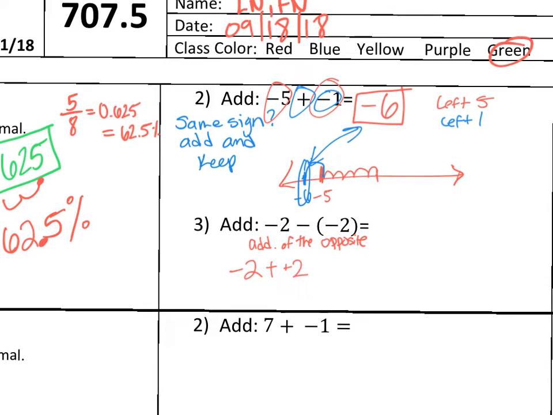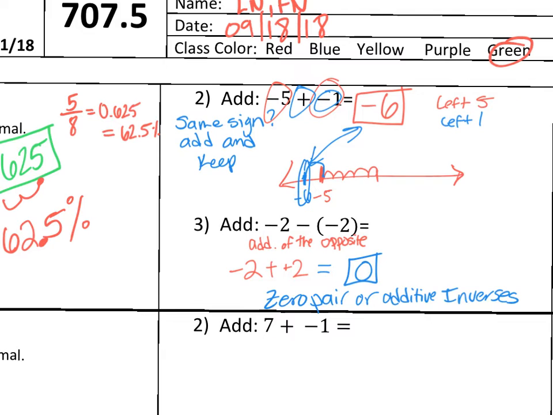Same sign, add and keep. Different signs, subtract. These have different signs. 2 minus 2 is 0. Keep the sign of the bigger number. Well, they're both the same number, so there's no bigger number. This is actually considered a 0 pair or additive inverses. This is what that is.